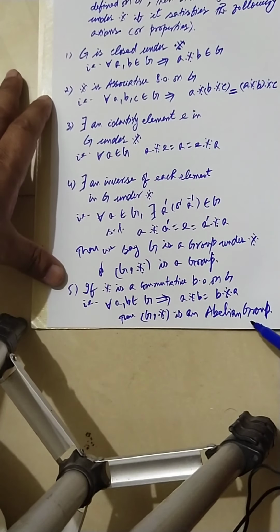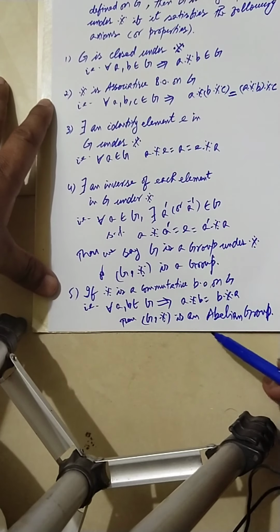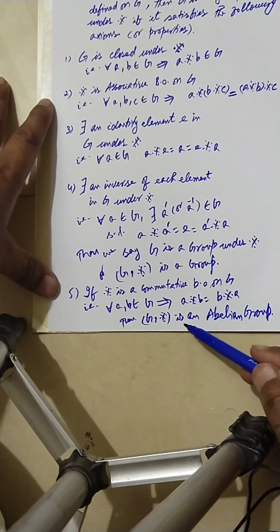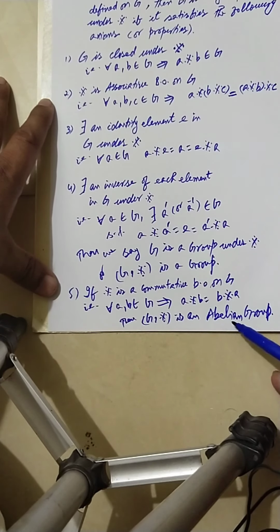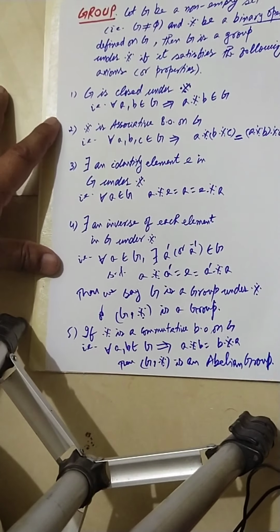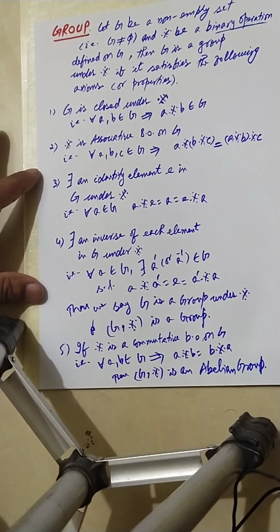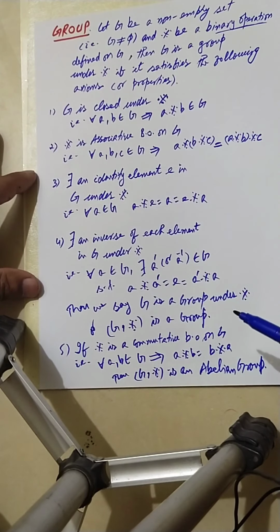Abel was a mathematician and he discovered this group. So in his memory we say G is an abelian group if commutative property holds in G under *. Please remember these properties and take a screenshot.